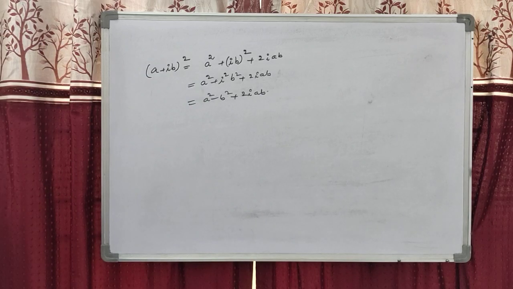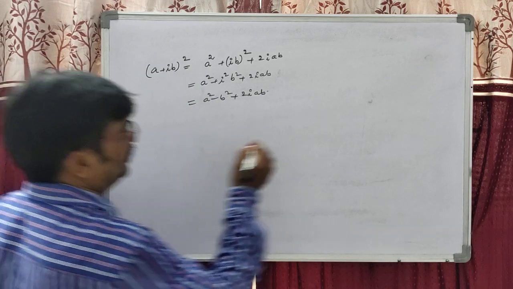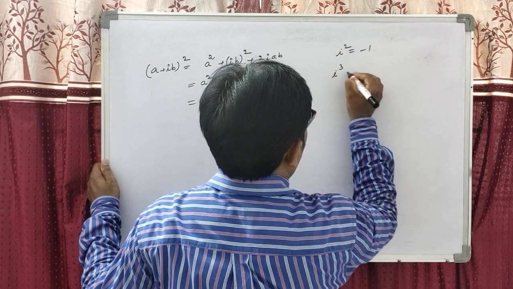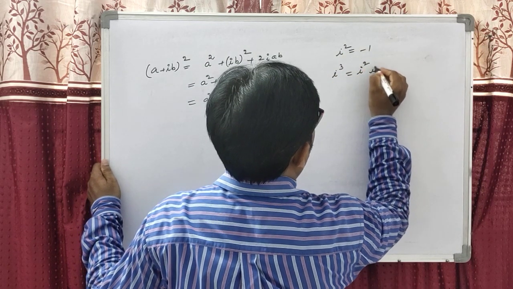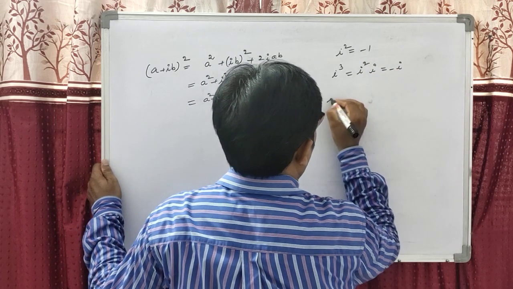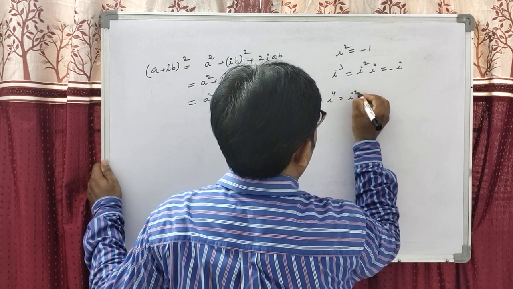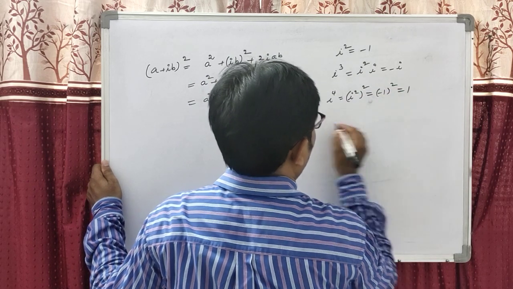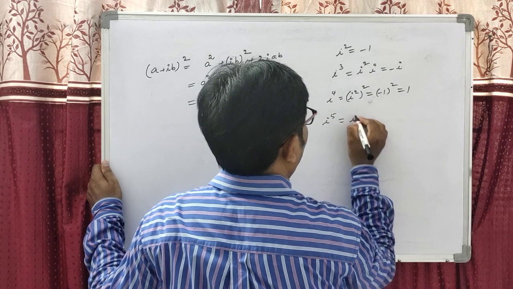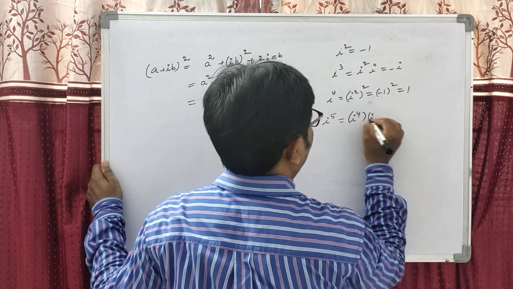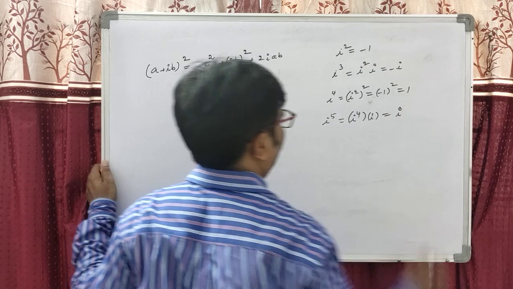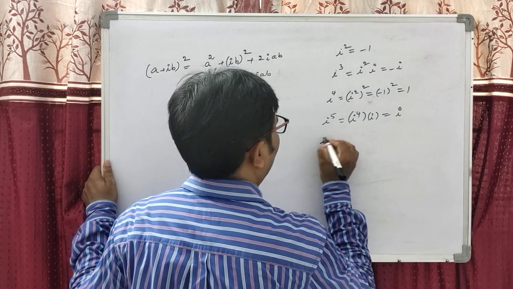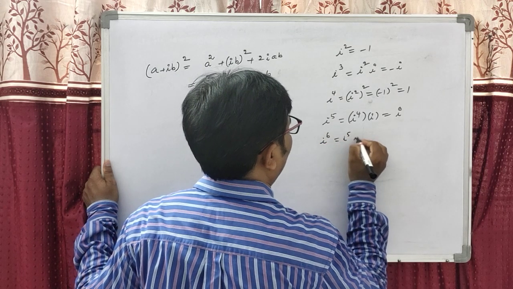Now students, dear students, we have to know that i² is minus 1. i³ is i² into i, that is minus i. i⁴ is (i²)², minus 1 whole square is plus 1. i⁴ is 1. Suppose i⁶ can be written as i⁵ into i.